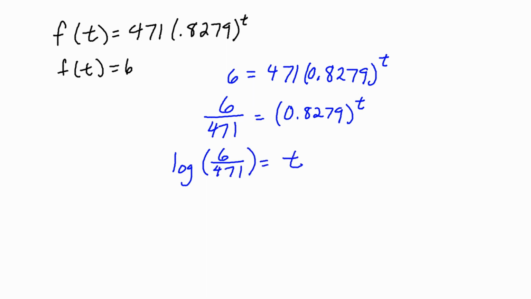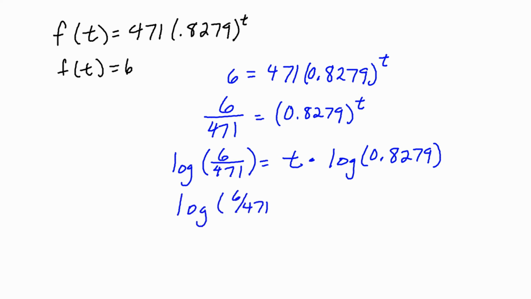t times the log of 0.8279. Dividing both sides by the log of 0.8279, we have the log of 6 over 471 divided by the log of 0.8279 equals t.